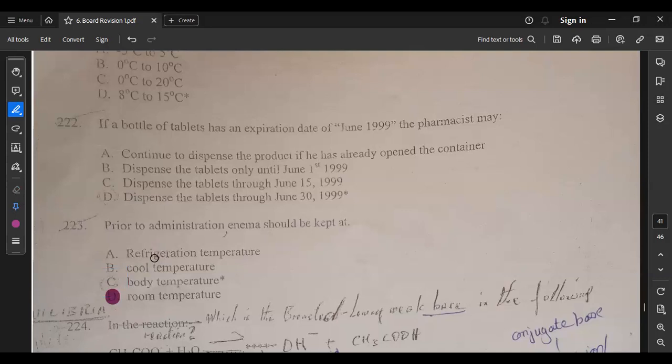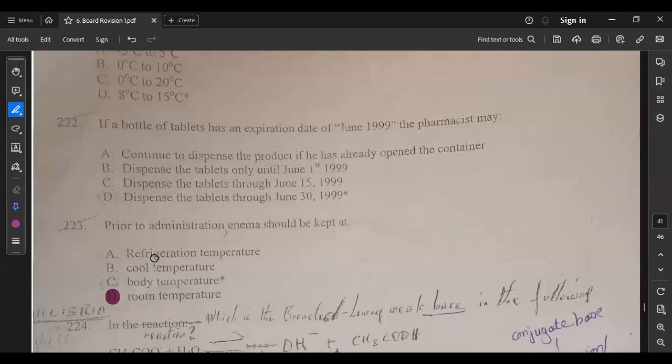So it should be kept at room temperature. Then when you administer, it will melt after it comes into contact with the body temperature. But if prior to administration you put it at body temperature, you'll not administer anything, you'll just have the fluid because it will have already melted.